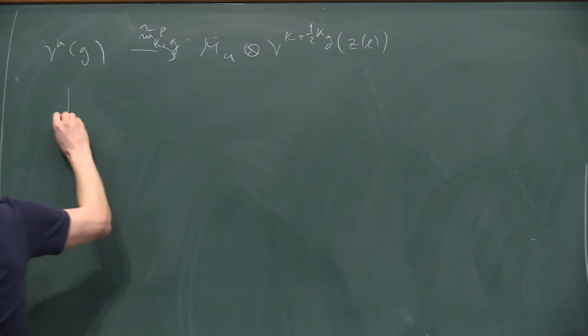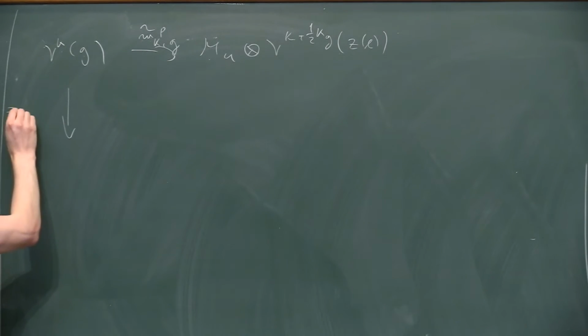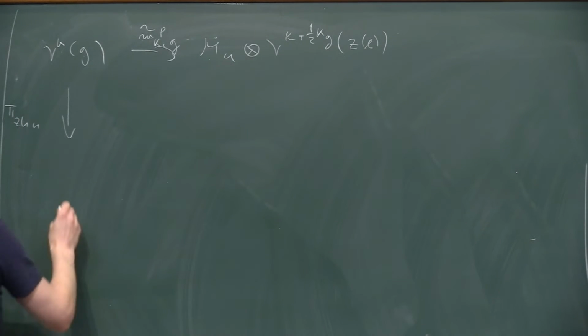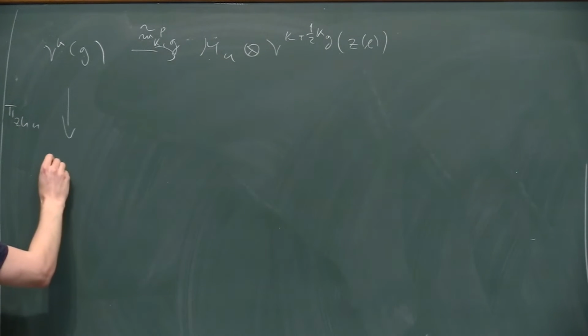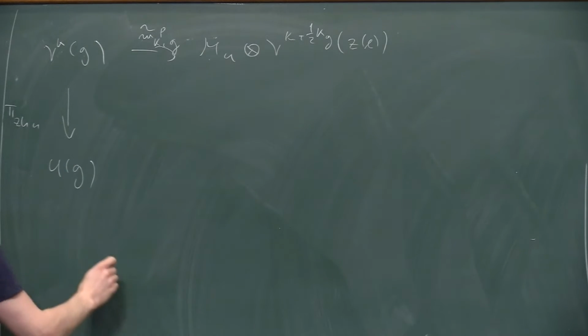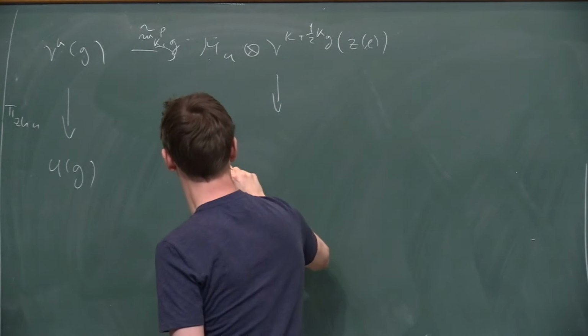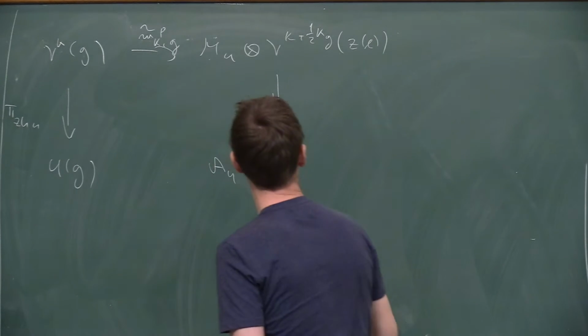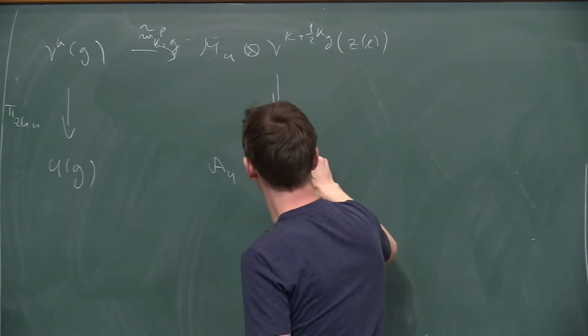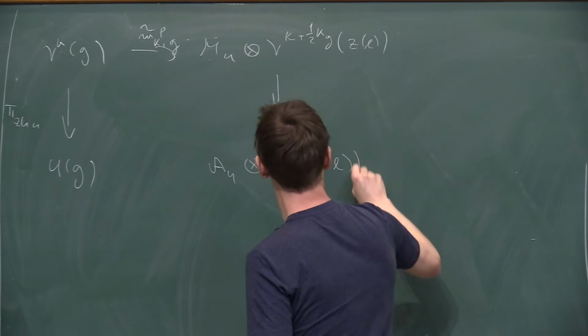Now you can apply this Zhu functor to get Zhu's algebra. First you get the usual one, the universal enveloping algebra. For this you know it's the Weyl algebra times the universal enveloping algebra of the Levi.